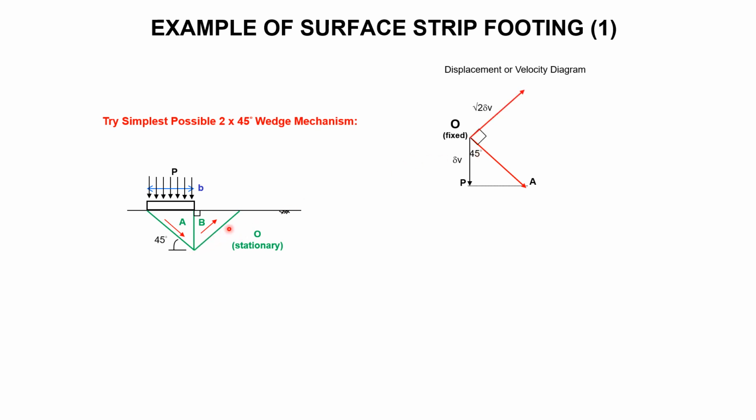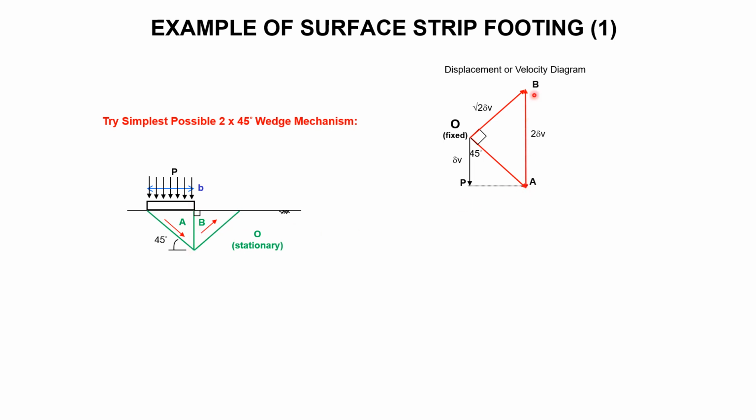B is going to go up at 45 degrees. You can see we don't really know how far to draw this, but remember that B has got to be vertically above A, because the relative displacement on that vertical slip plane must be vertical.